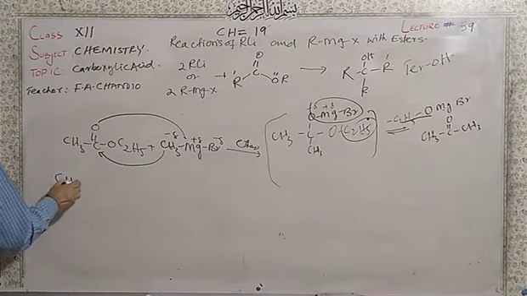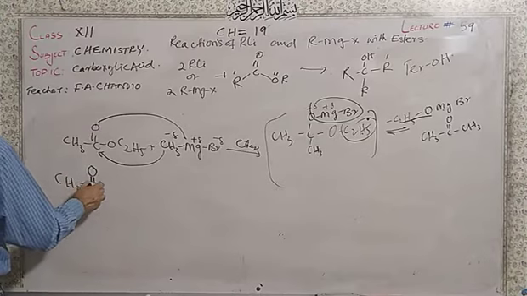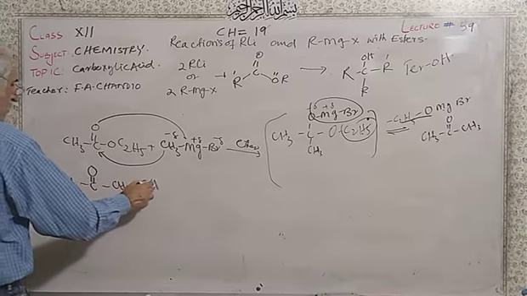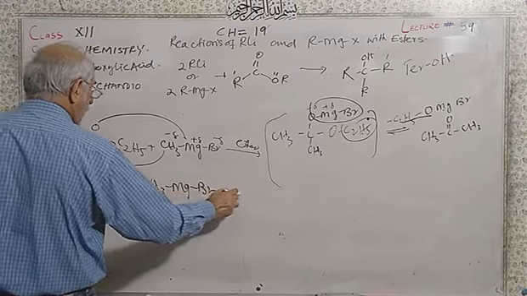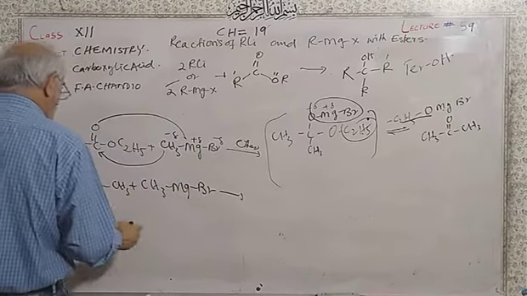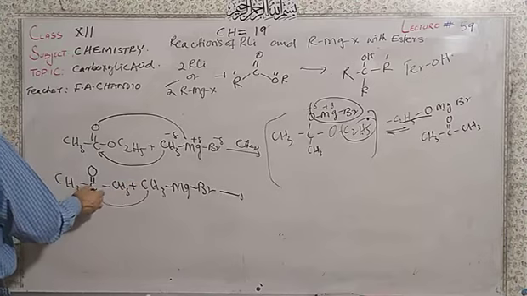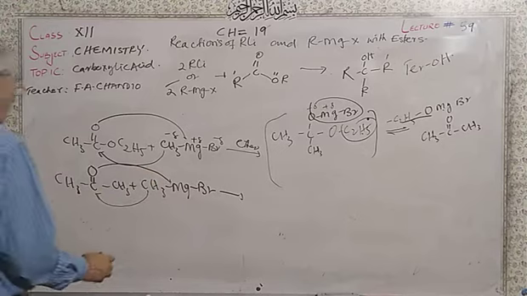Then this intermediate ketone plus methyl magnesium bromide, again two molecules here. So you can see that this methyl is again going to react here, and this oxygen is going to be attached to magnesium bromide.